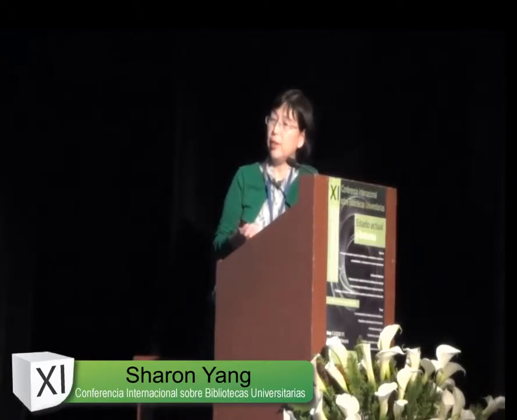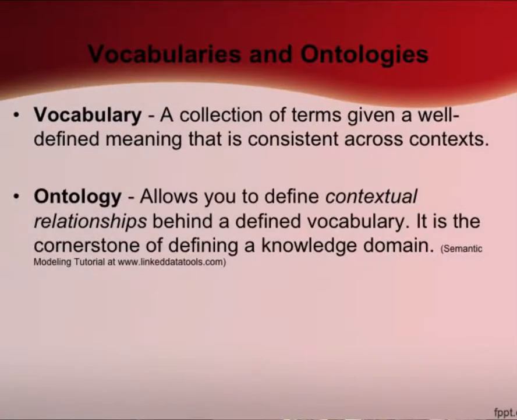Again, now we come back to vocabulary and ontology. This is another new concept in the semantic web linked data. Ontology basically is a definition of relationships. For instance, education may have an ontology for education.